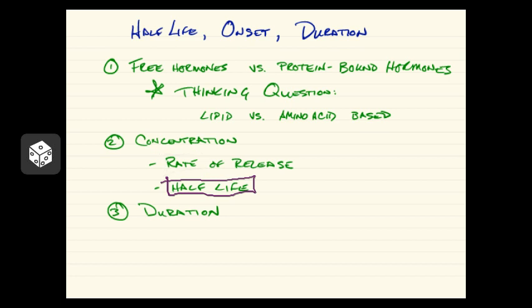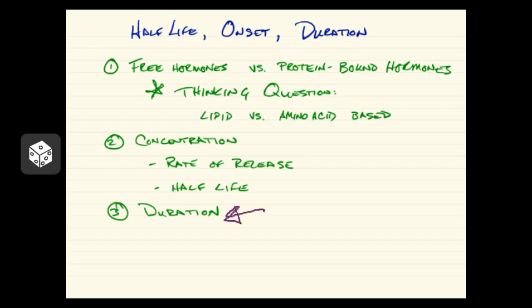The half-life of any chemical is the time it takes to degrade 50% of what started. In other words, if you have 1 gram of a substance and it takes 20 minutes to end up with a half gram of a substance, then we would say its half-life is 20 minutes. It took 20 minutes to break it down to half of its original amount.